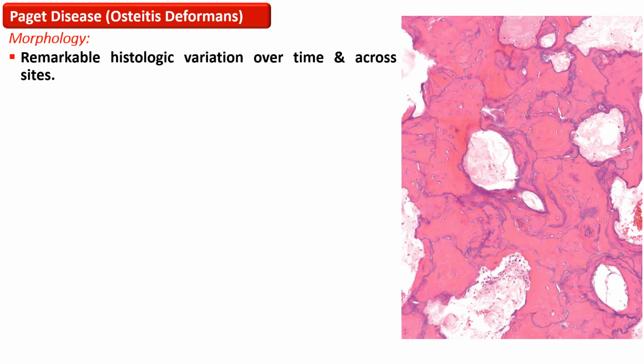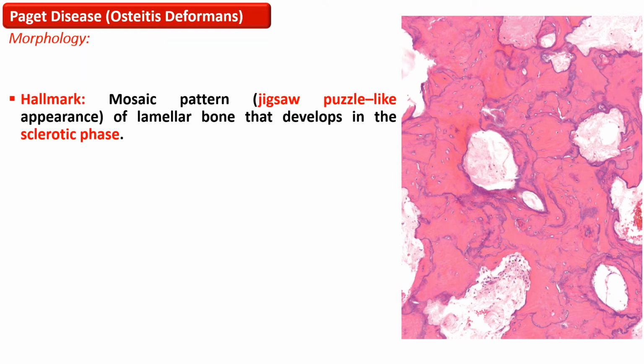As the disease is characterized by various stages, there is variation in the histology of this disease over time and across various sites. The hallmark of the osteosclerotic phase is a mosaic pattern, which is also termed a jigsaw puzzle-like appearance of lamellar bone.